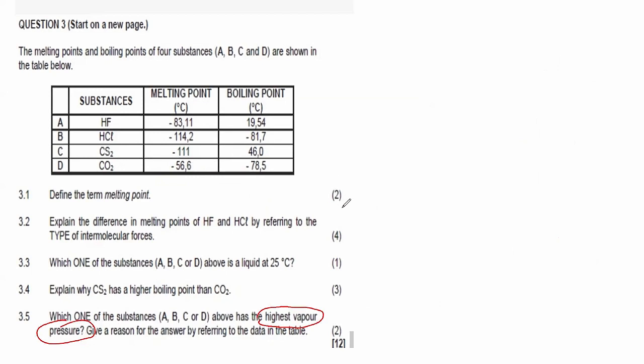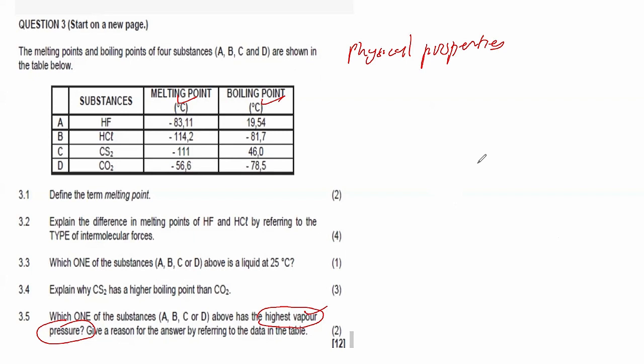Now, we've already discussed in the previous question that if they ask you about a physical property that is not given here, then you have to relate to it based on the relationships. So when we are speaking about the physical properties, do not be confused, guys. Physical properties are this: your melting point, your boiling point, and your vapor pressure.